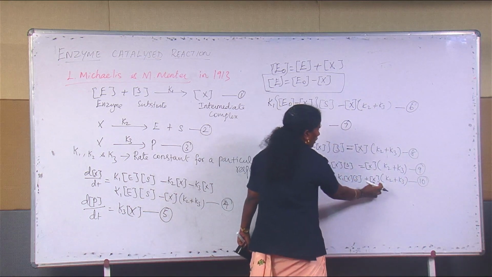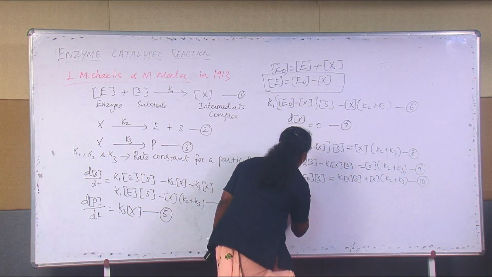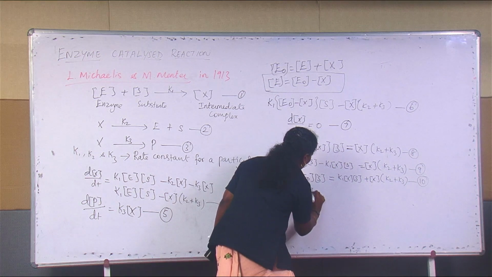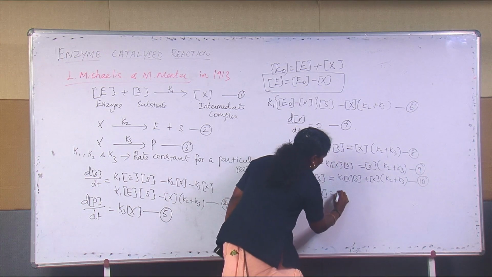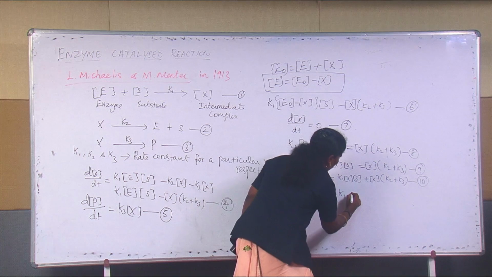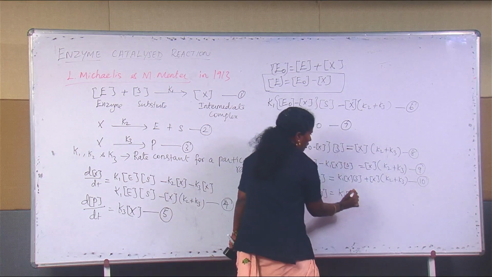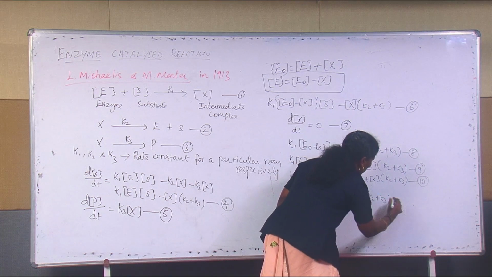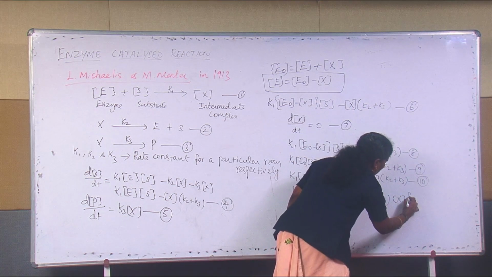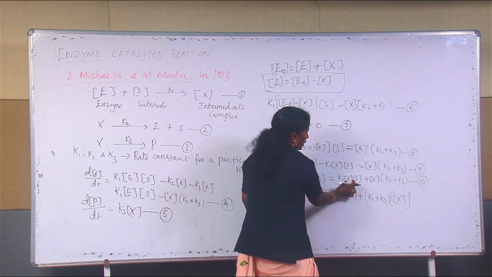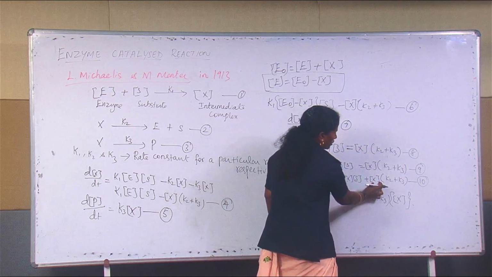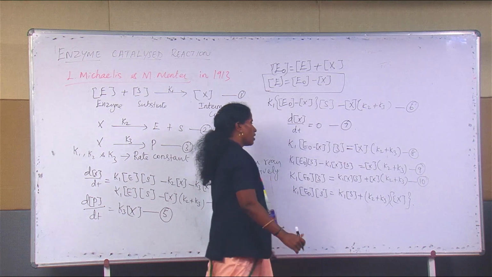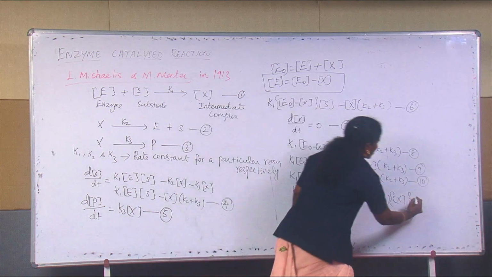Again, X is common, so we take X outside: K1 S plus (K2 plus K3), with X as the common term. We get equation number 11.